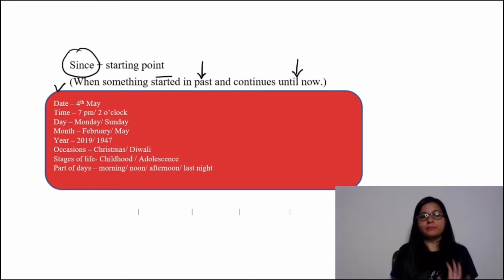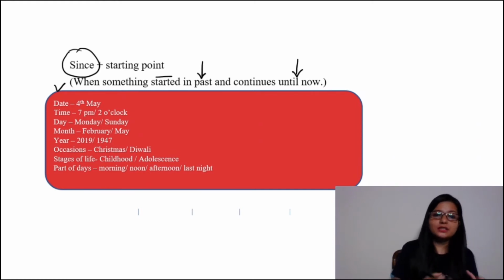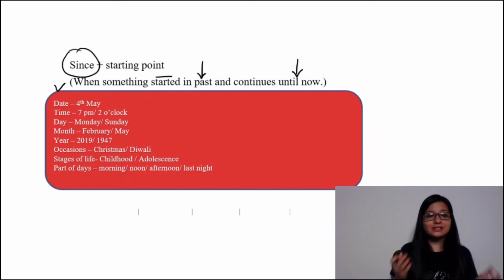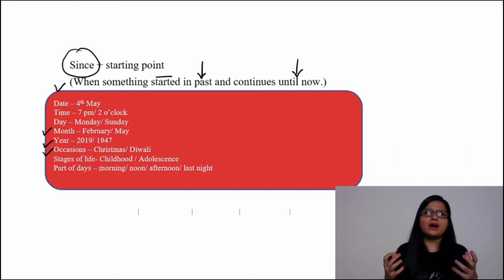Then for a day, Monday, Sunday, Tuesday, Wednesday, any day, you have to use since. Like, I have been waiting for my registration since Monday. In the same way, you will use since before months, February, May, January, before years, and before any occasion, Christmas, Diwali, Holi.